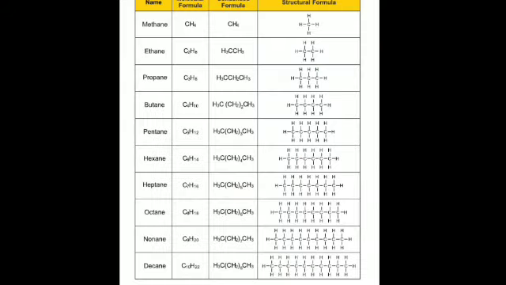So over here you can see the simplest hydrocarbon, the formula is CH4. This is the formula, so we need not go into the details. That is the structural formula which you will do in detail in higher classes. Then butane, the formula is C4H10.